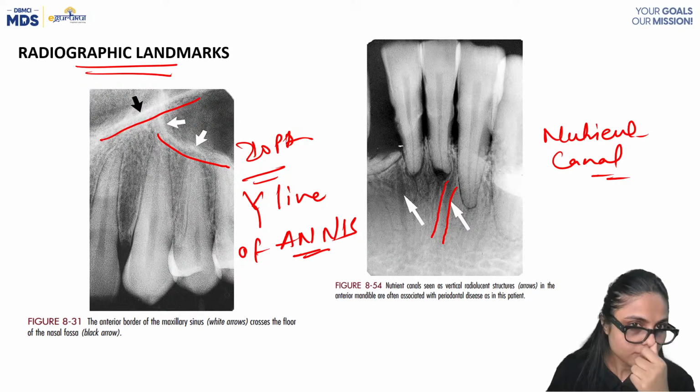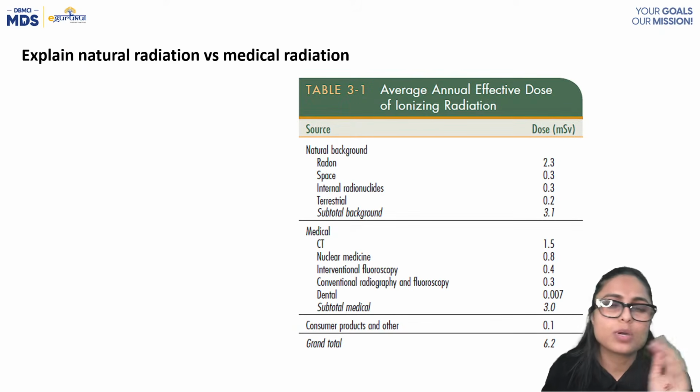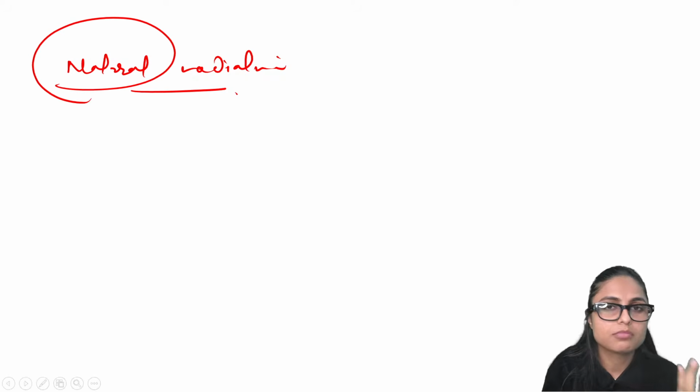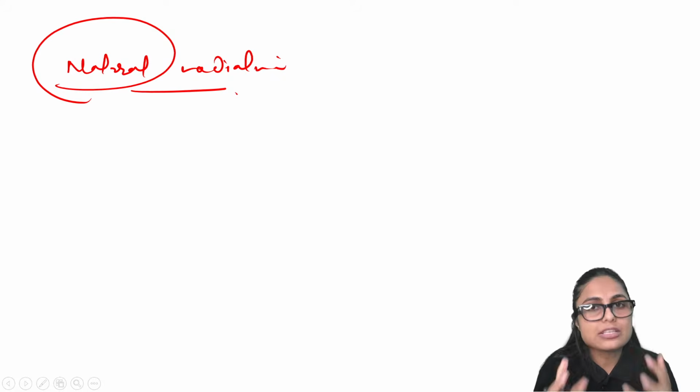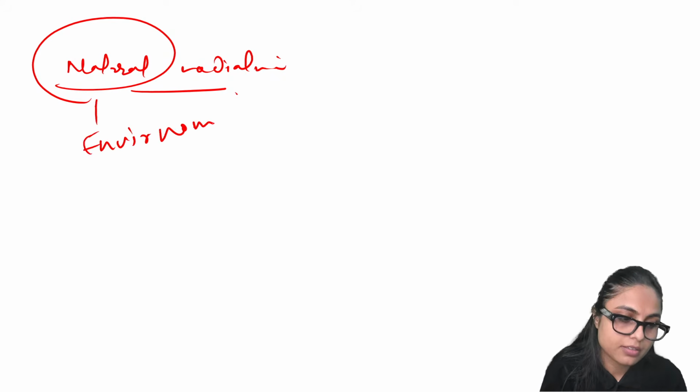Okay, explain natural radiation versus medical radiation. Natural radiation, as the term suggests, means radiation that we get naturally from the environment.